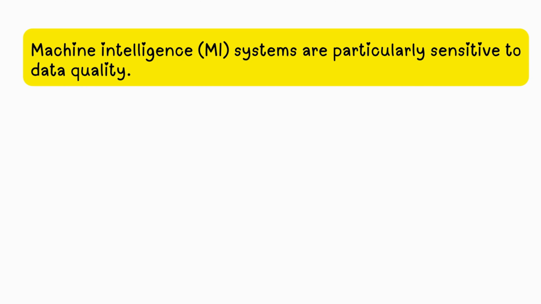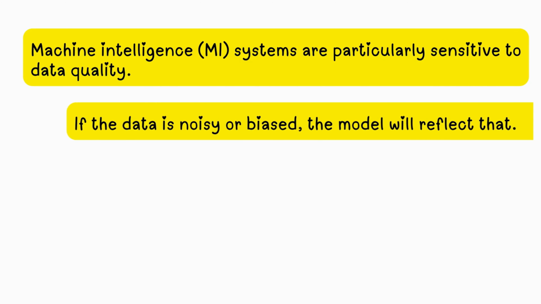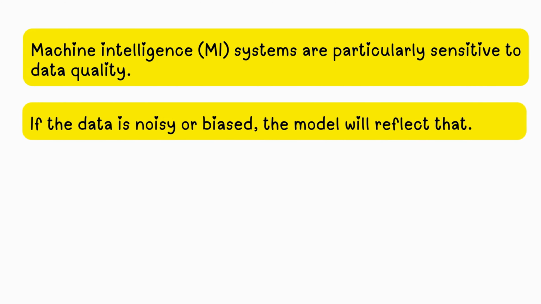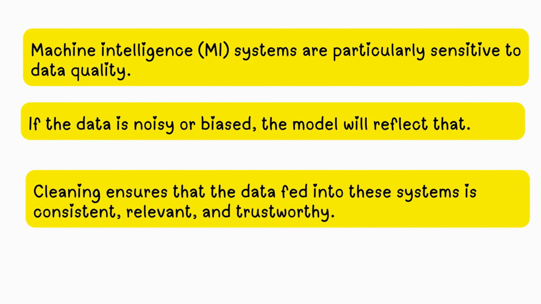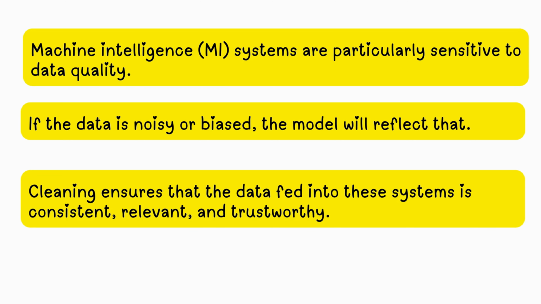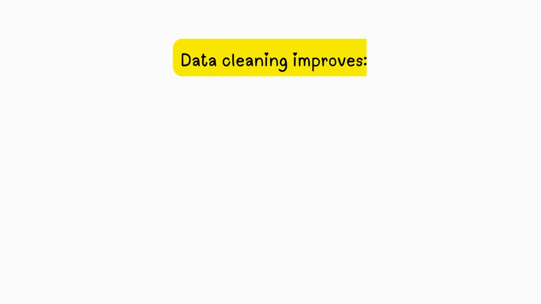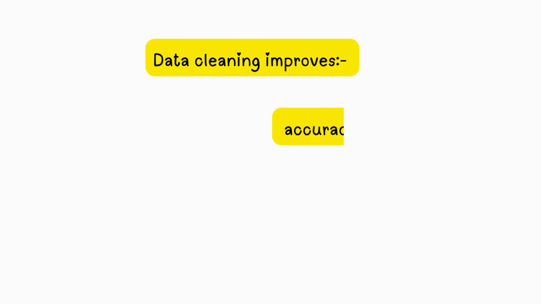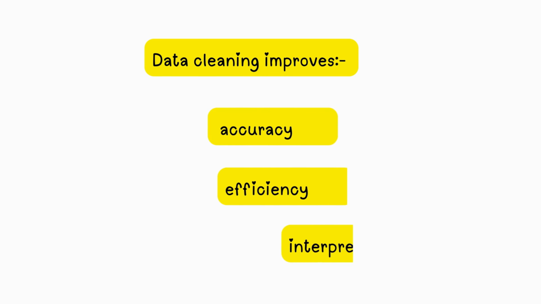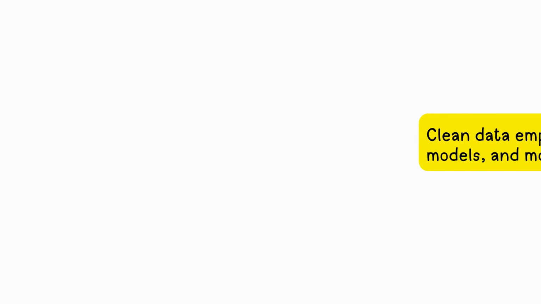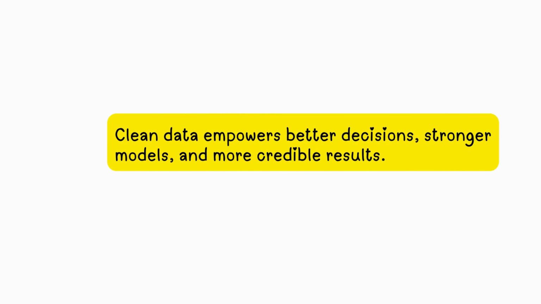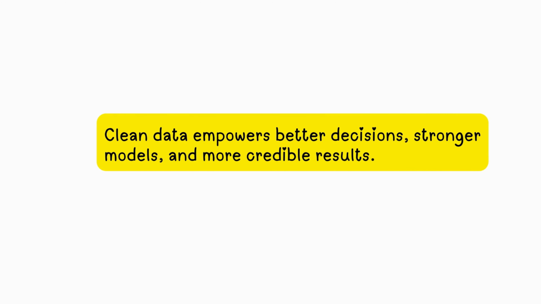These systems learn their patterns from data. So, if the data is noisy or biased, the model itself will also reflect that bias. Cleaning ensures that the data fed into these systems is consistent, relevant, and trustworthy. So, we can say that data cleaning improves accuracy, efficiency, and interpretability. It is not just a technical step, it's a strategic one actually. Clean data empowers better decisions, stronger models, and gives us more credible results.